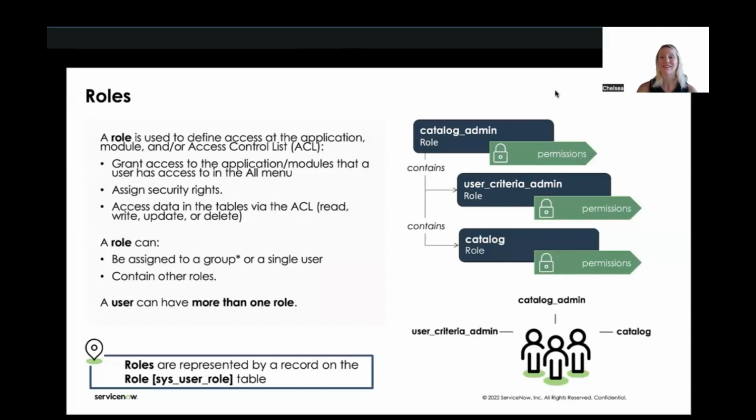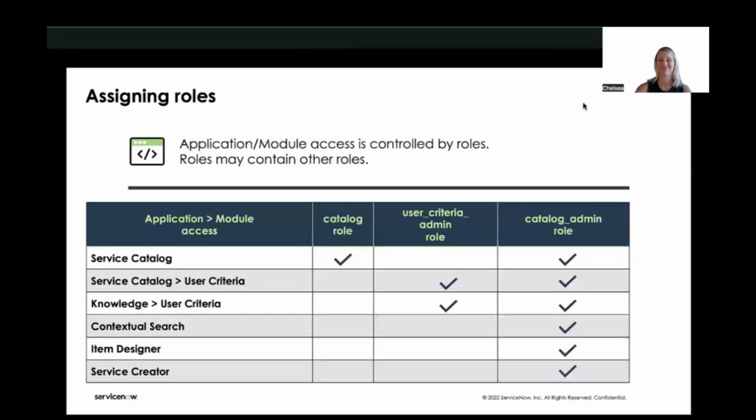This is called parent and child. So you have your parent roles and then you have your different child roles, and this breaks out into different tables inside of ServiceNow. For example, this image might help you see a little bit better, where you can see there are different admin catalog roles, but they have different access things that they can do based off of the roles.